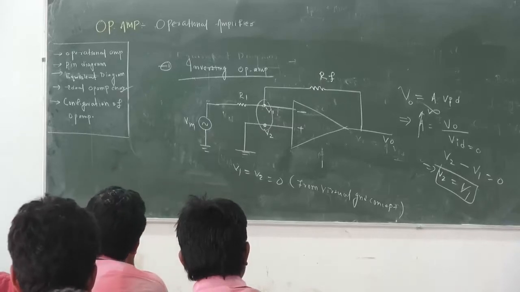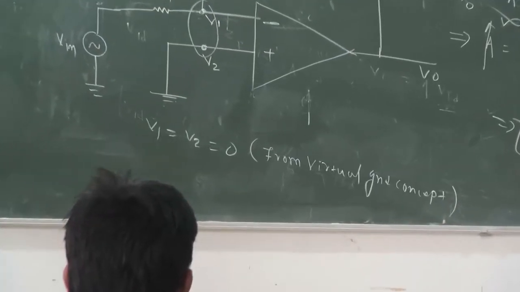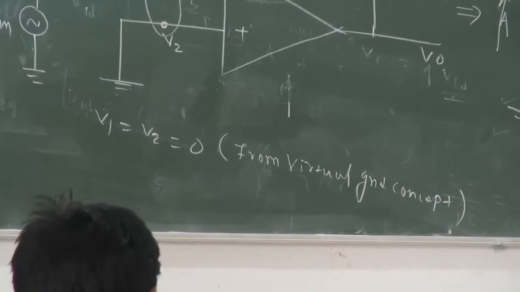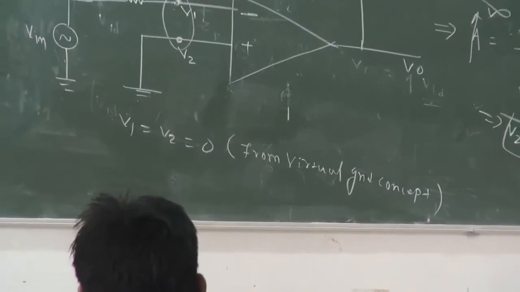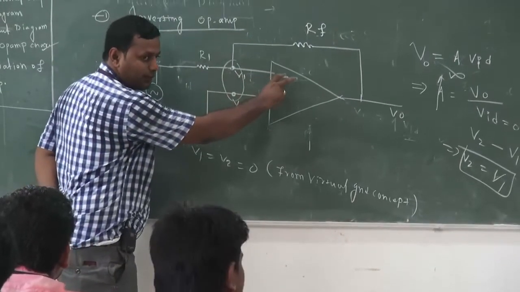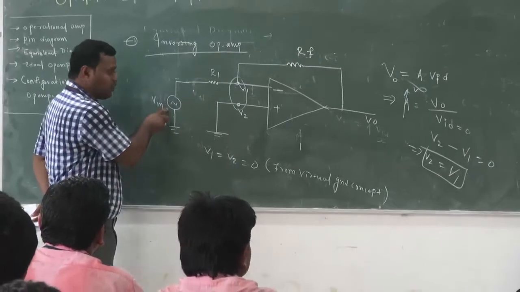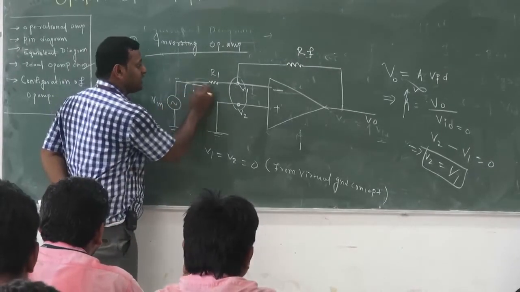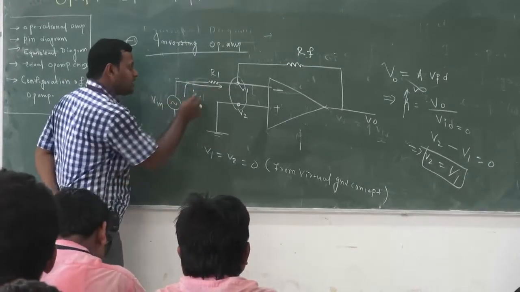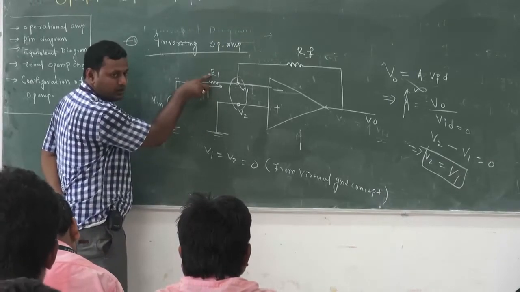Whenever you start with the op-amp, you only need KCL or KVL, that is more than enough. As it has a high input impedance, no current will be taken by the op-amp. Due to the voltage source, some current will be generated in this path. Let the current be I1, passing through R1.